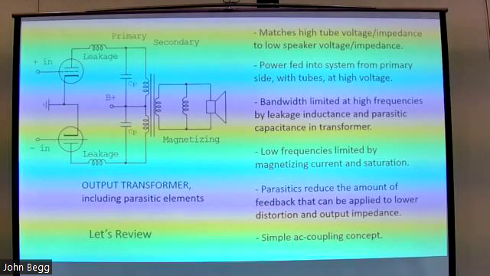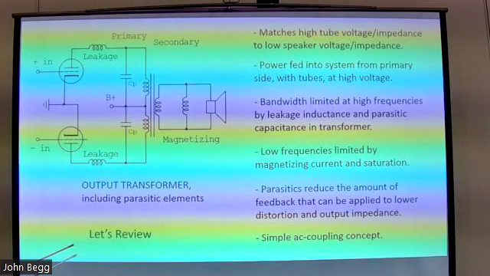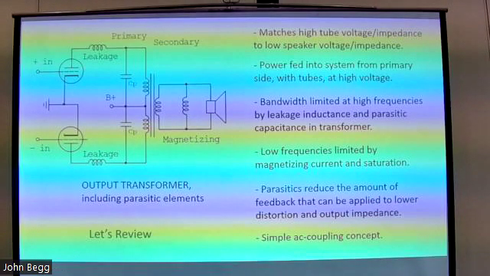Next slide. So yeah, let's review. The output transformer matches the high tube voltage impedance to the low speaker voltage impedance. Power is fed into the system from the primary side with tubes at high voltage.